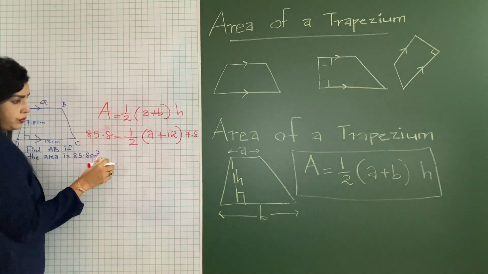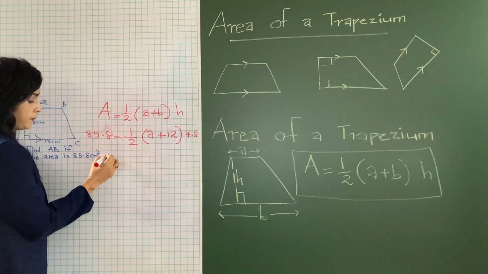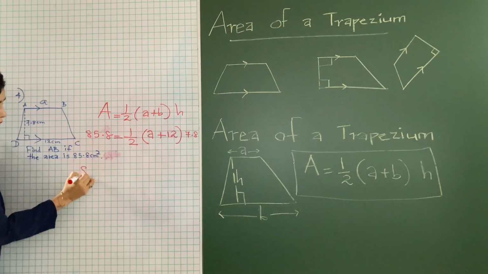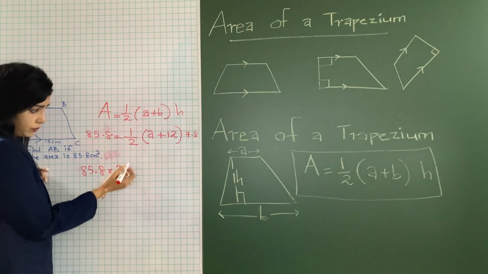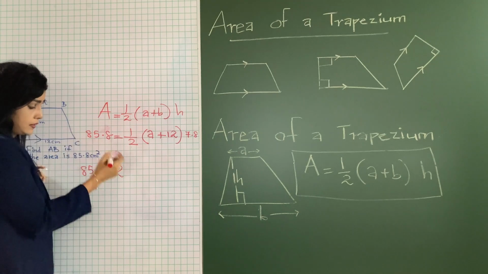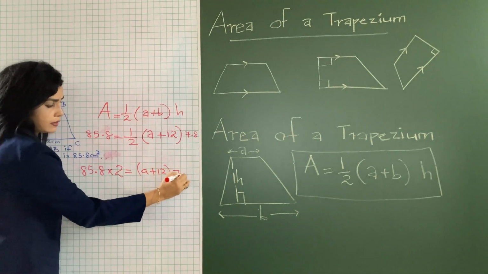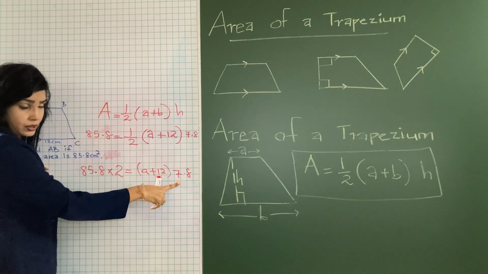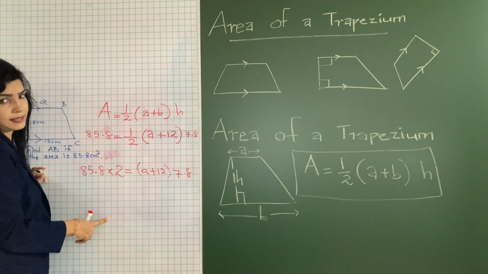So what I have to do is I can take this 2 to the opposite side as multiplication. I'll take 85.8 to the next line. 85.8 times 2. 2 goes up. This 2 is a division. Division becomes multiplication. So A plus 12 and 7.8 is here. 7.8 is a multiplication. So multiplication becomes division on the opposite side.